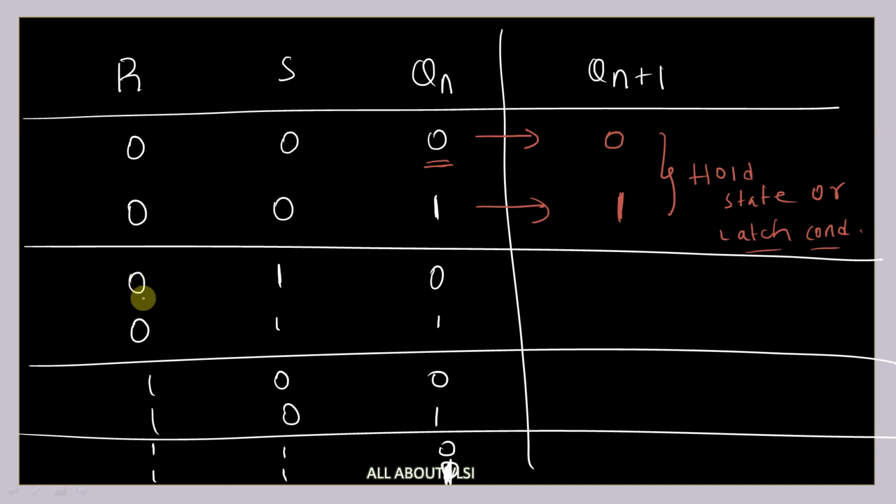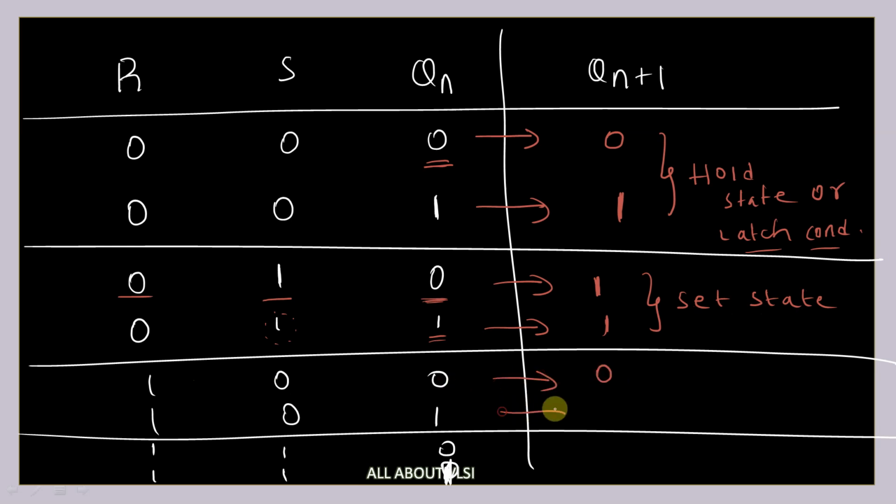And whenever your R is equal to 0 and S is equal to 1, whatever may be the present state, your next state is equal to 1. If it is 0, the next state will be 1, and if the present state is 1, the next state will be 1 only. This is nothing but our set state. And whenever your R is equal to 1, whatever may be your present state, you are getting your next state as 0.